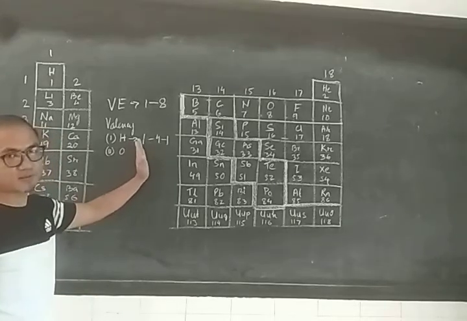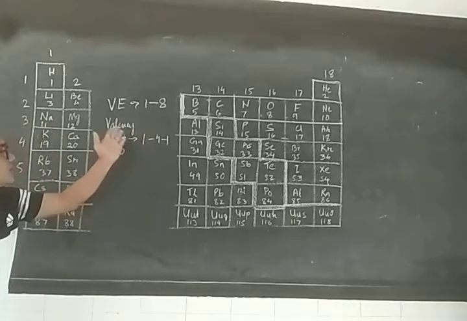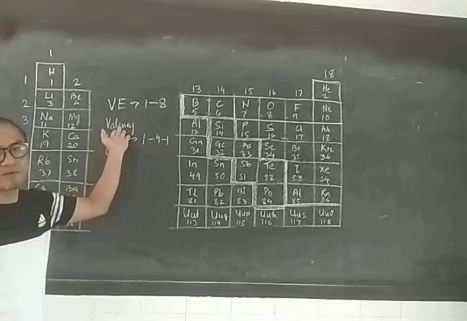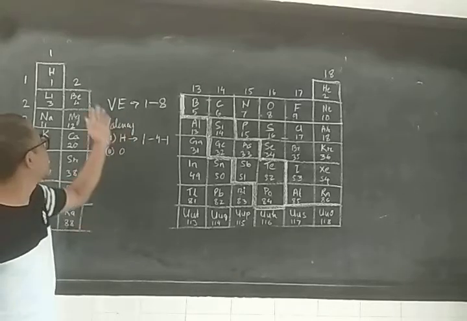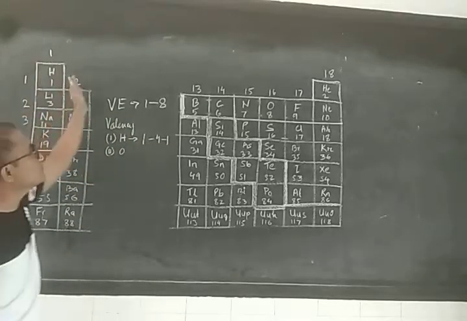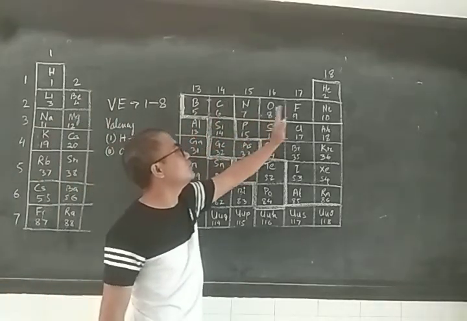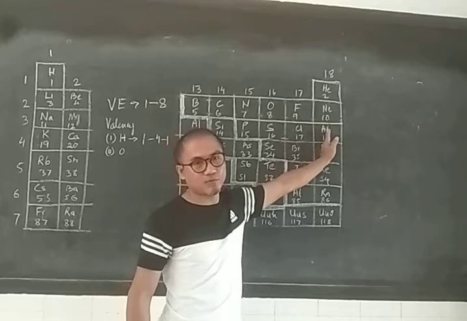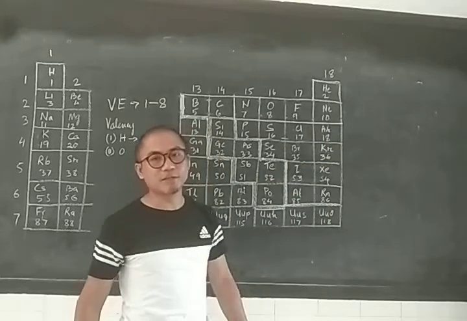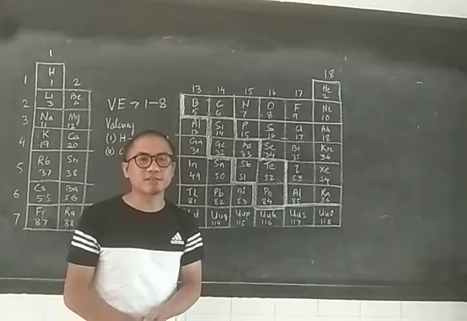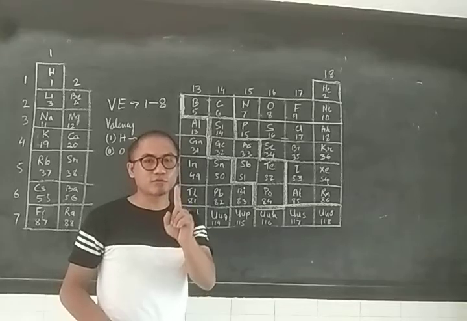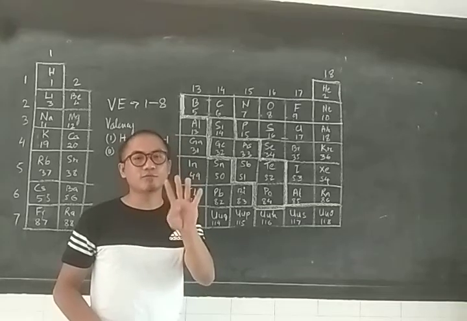Let me explain this first. The valency increases from 1, 2, 3, 4, and then 3, 2, 1, 0. Once again, with respect to hydrogen, the valency increases from 1 to 4 and back to 1.